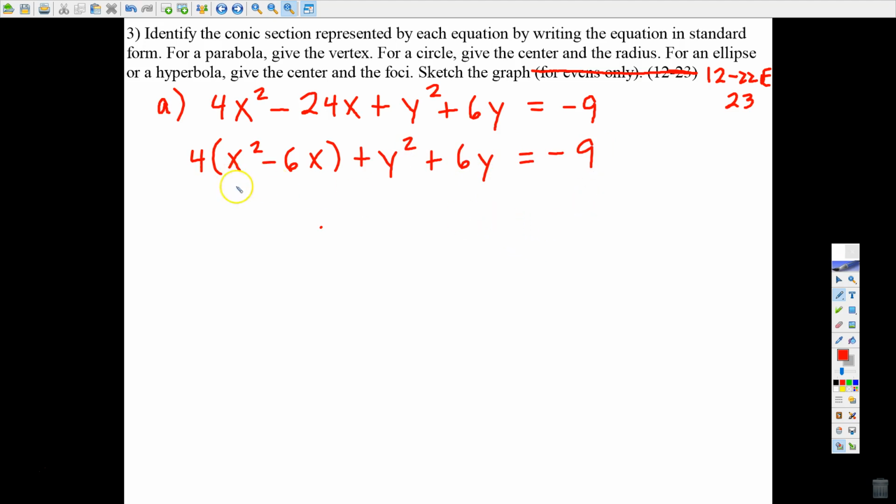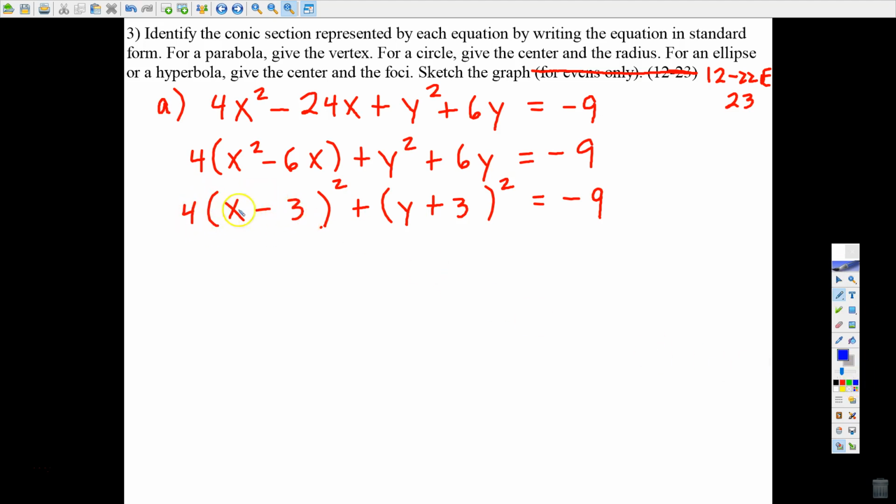Okay, and now I'm going to actually complete the square. So in my quantity squared, I'm going to do x minus 3. And then over here, I'm going to complete the square on y, and that's y plus 3. Now you've got to make sure you take care of this next step.